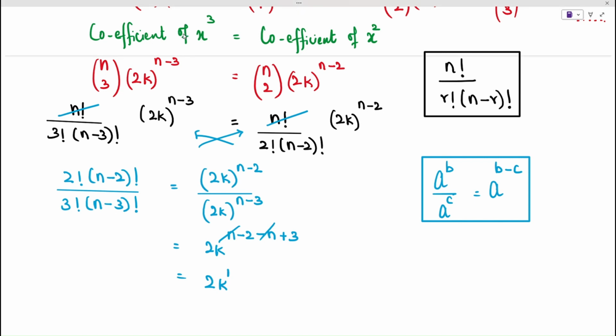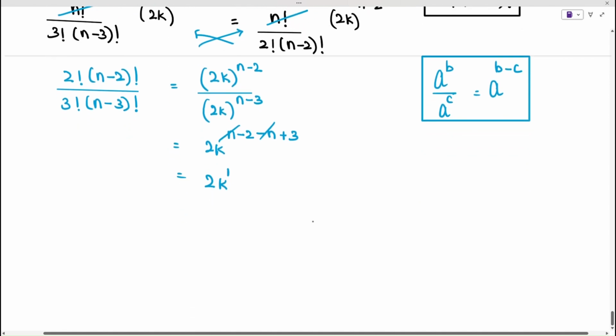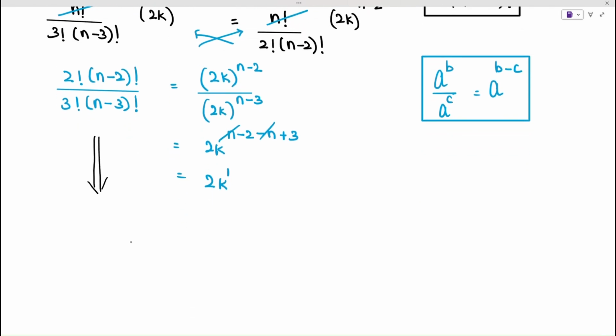Now, with our left hand side, we can start to simplify things. We can expand out our (n-2) factorial and our (n-3) factorial.